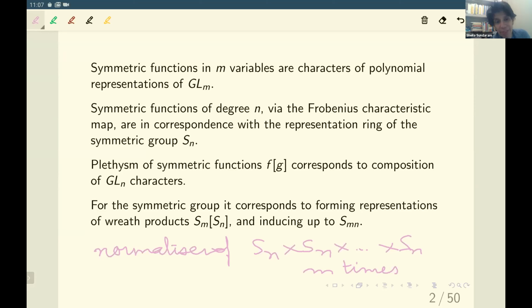If you have a representation of Sn, you would take its m-fold tensor product, and then you would also take a representation of Sm and tensor with that, and there's a specific way to act that I don't really want to go into. But I'm happy to show you afterwards.